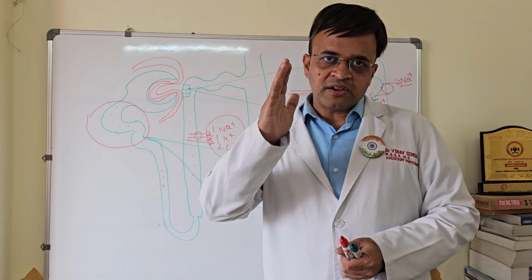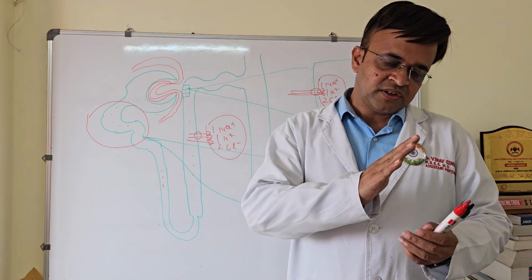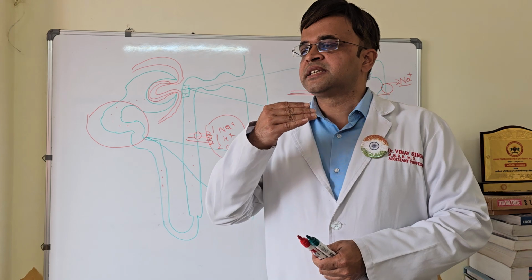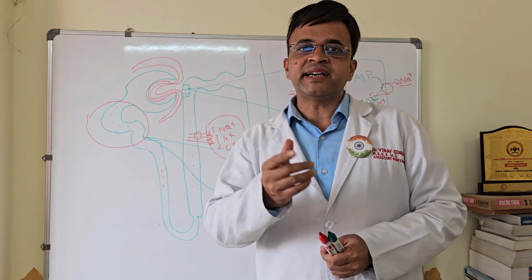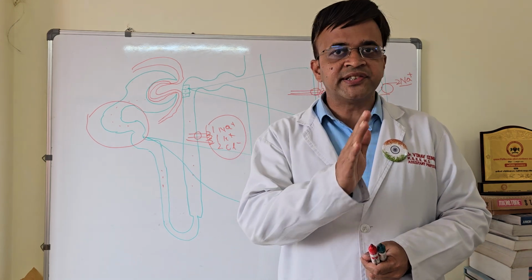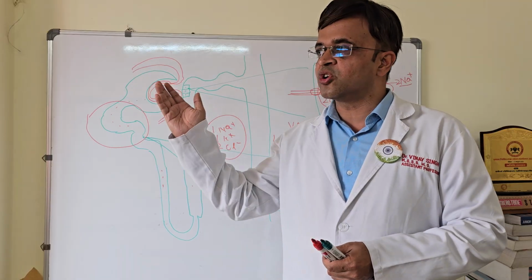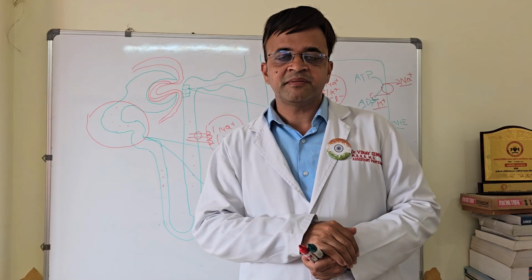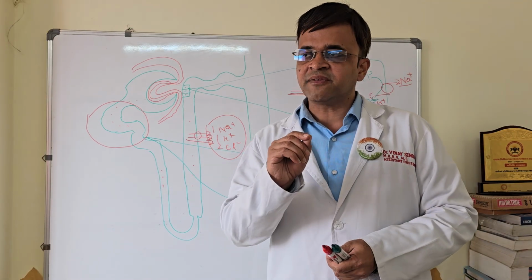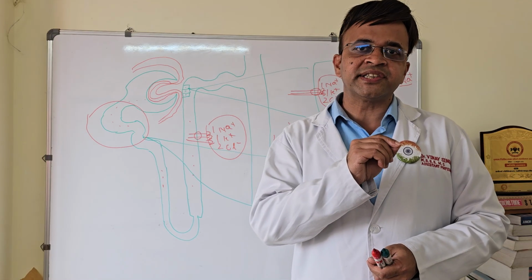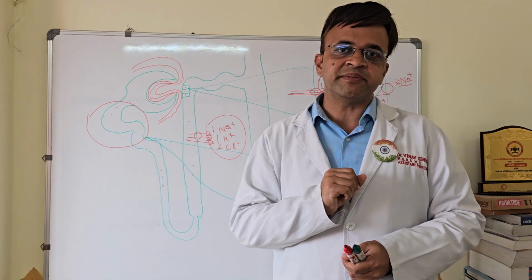So, in the long term, that means overall the diabetes will lead to renal damage and decrease in GFR because all the glomeruli will get damaged.